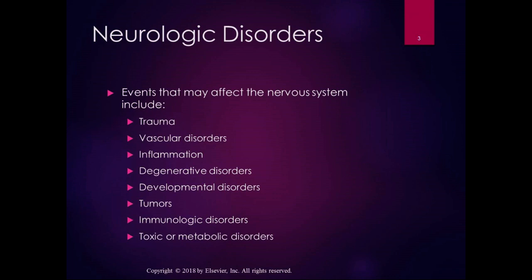Immunologic disorders, things affecting your immune system, can certainly affect the nervous system. Toxic or metabolic disorders: we talked about in pathology encephalopathies that result from toxic or metabolic disorders, and that is certainly a major cause of nervous system problems.